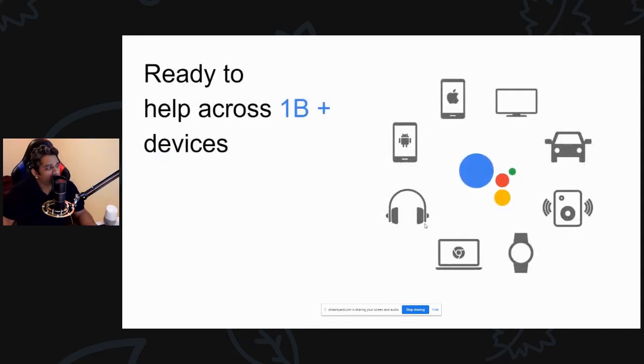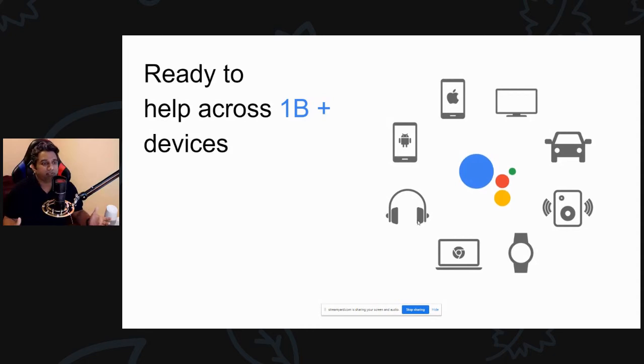And what does this mean to you as developers? The Google Assistant is readily accessible across 1 billion plus devices. Google has heavily invested in areas of natural language processing, machine learning, and voice interactions. With all of these investments, they have been able to create the Google Assistant in the most complex as well as the most helpful manner.